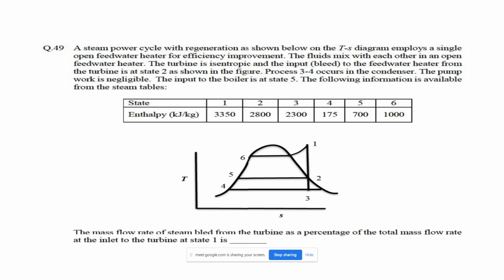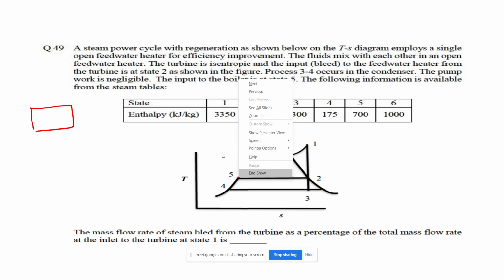Here also we have to do the same. Just apply the energy balance in the feed water heater. Every condition they have given. Suppose this is the feed water, the point where the feed water heater is working. Suppose we are extracting x kg here.